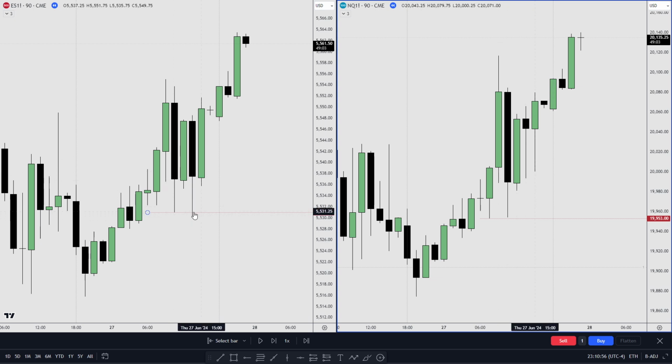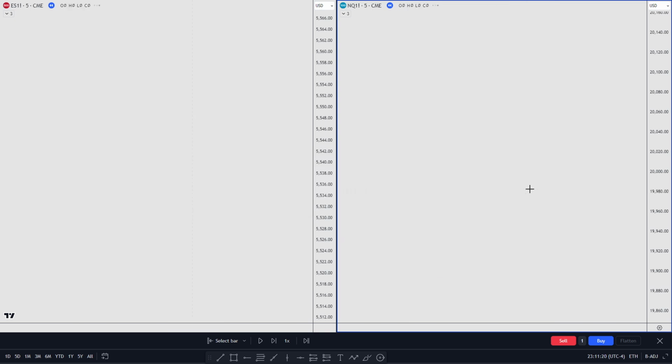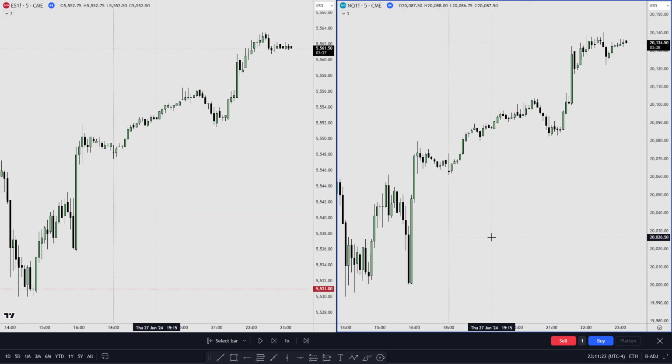So after price has taken out this low here for ES at 1:30, take a look at 1:30 for NQ. It is very unlikely that it wants to trade lower. Okay, so over here we have a valid SMT. Let's see if we have a valid setup. Let's go down into the 5 minutes and take a look.